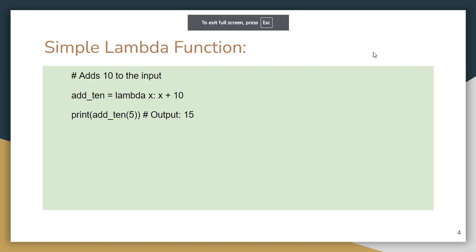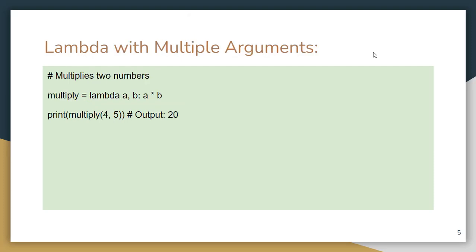So I am going to the next example. The next example is lambda with multiple arguments. That means you can use more than one parameter. Here you can see a and b, that means two arguments or two parameters.